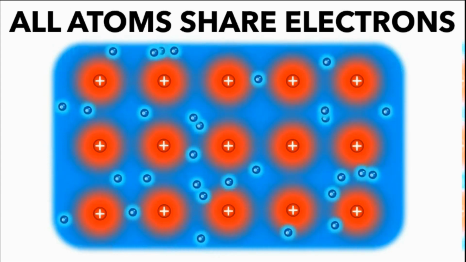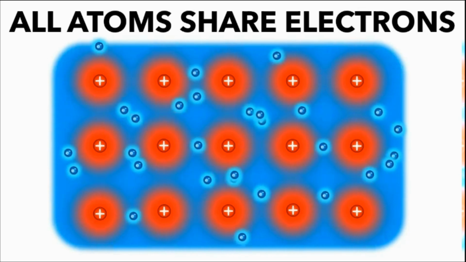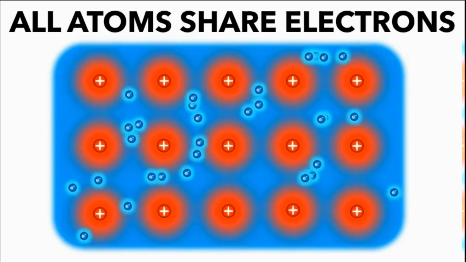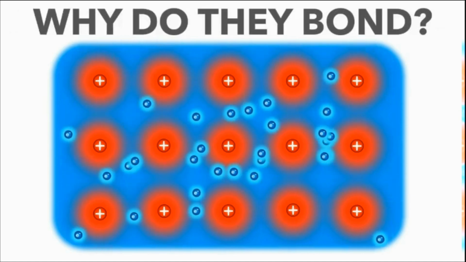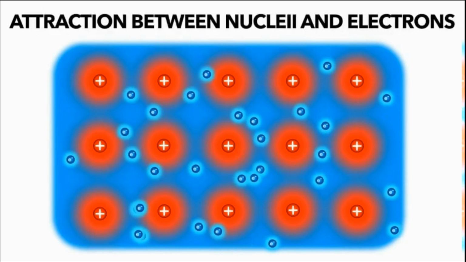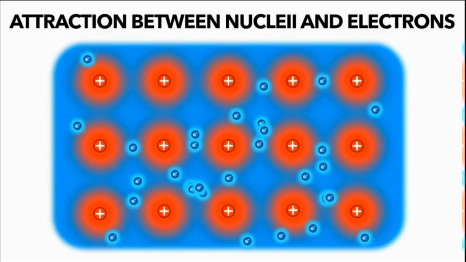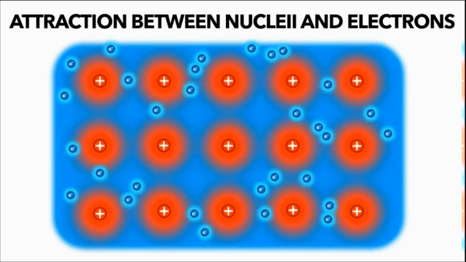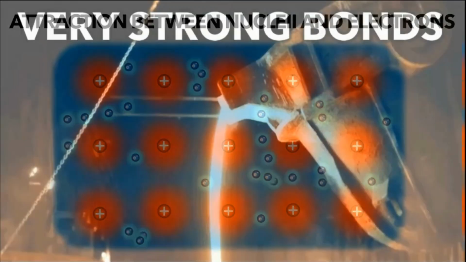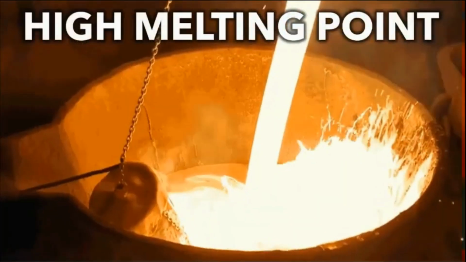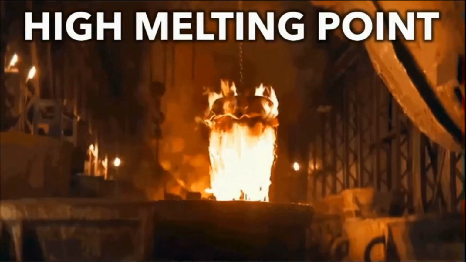This is why metals are excellent conductors of electricity, because the electrons are free to move wherever they want. But because of that, the bond is extremely strong, because all the electrons that swim around are holding the nuclei together, and this is why the atoms are bonded very, very strongly. And because of these strong bonds, metals have very high melting points.